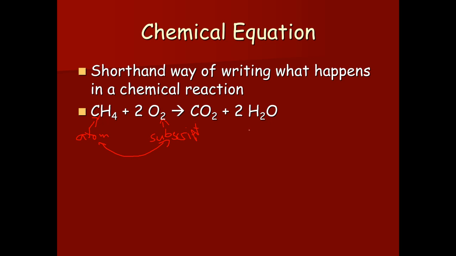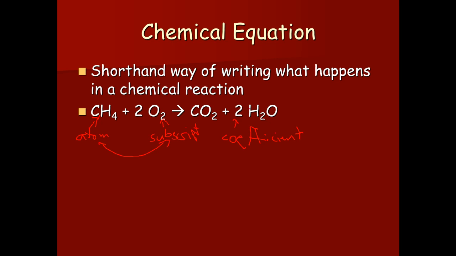And lastly, we have these big numbers here. We call those coefficients. And a coefficient is, again, a number. It's telling us how many of something we have, but it's different than a subscript.